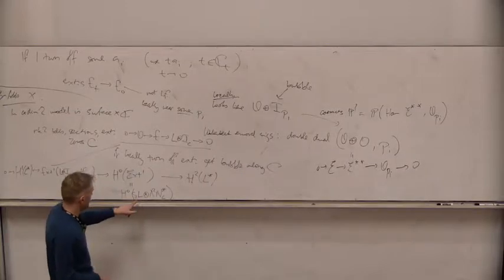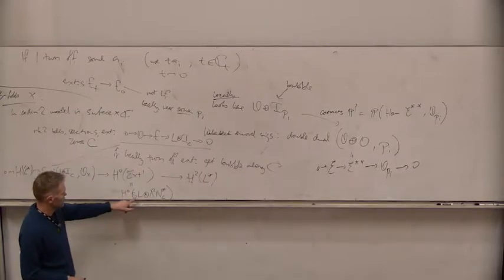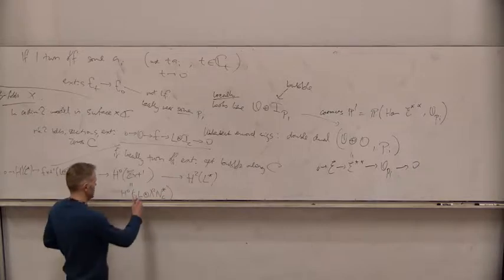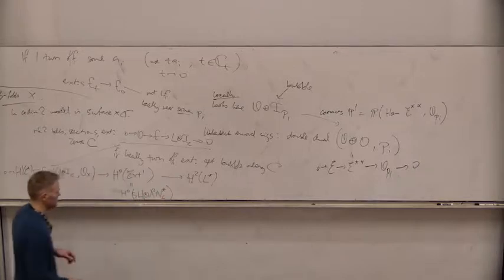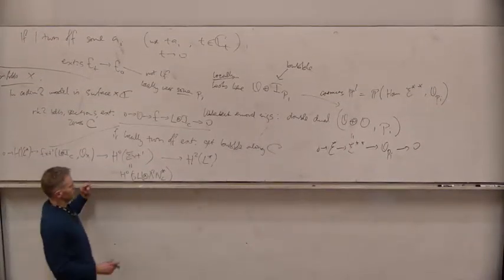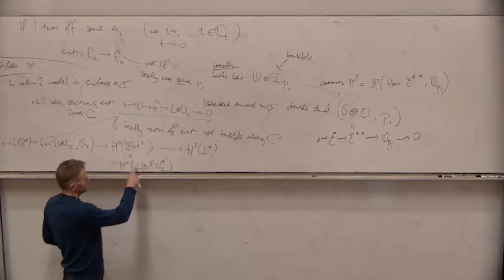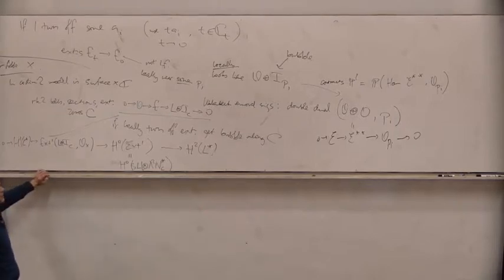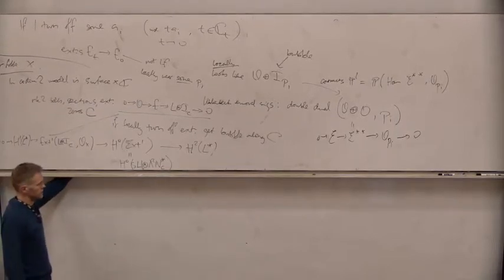Now, until now, I've been concentrating on the case where this is the trivial bundle, so where L restricted to C is isomorphic to wedge 2 of the normal bundle of C. Okay. But we can have a different situation where L restricted to C has more positive degree than this guy. If it has less degree, this will be 0, and there won't be any locally free extensions.